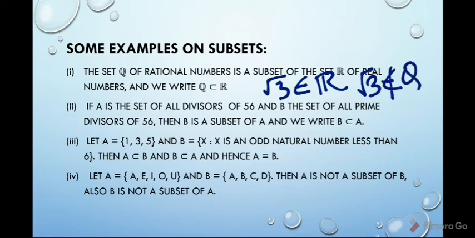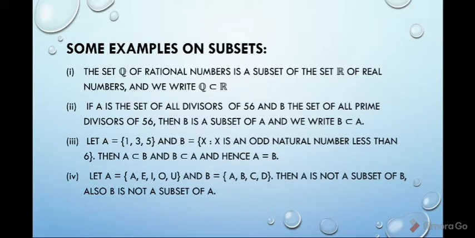So root 3 will not belong to Q. That means an element from the real numbers does not belong to the set of rational numbers. That's why the set of real numbers is not a subset of rational numbers.